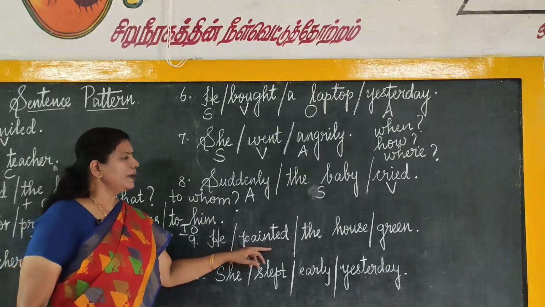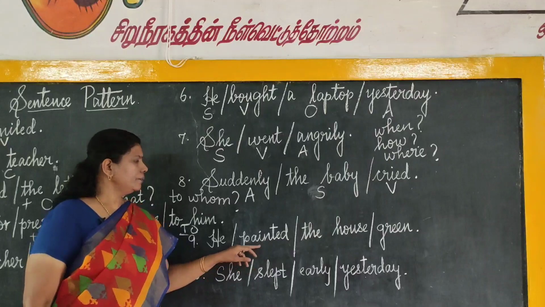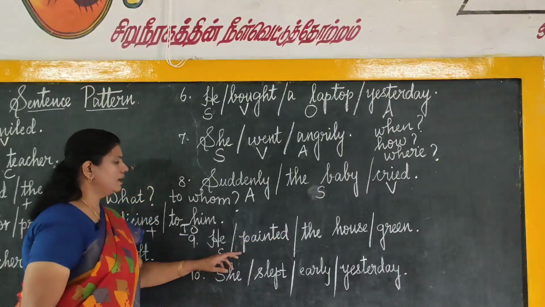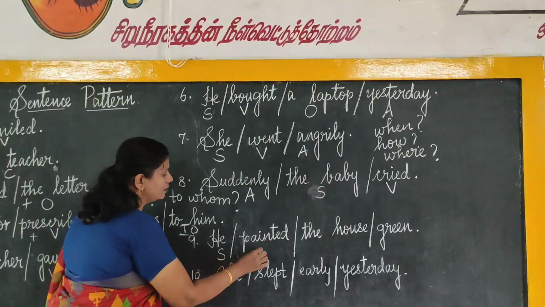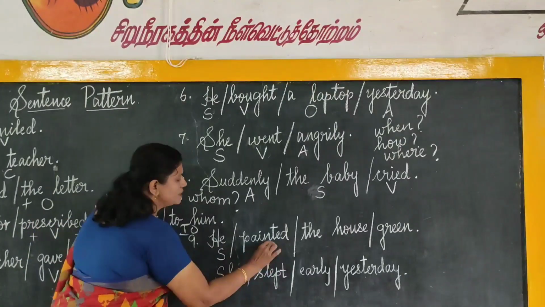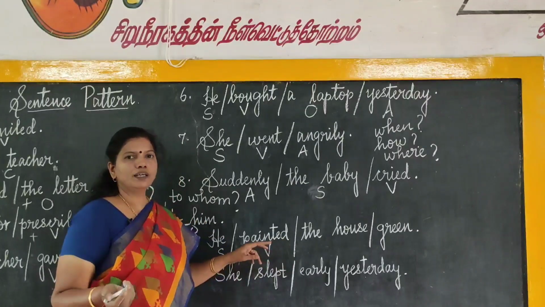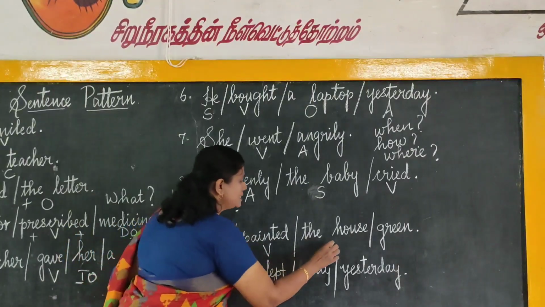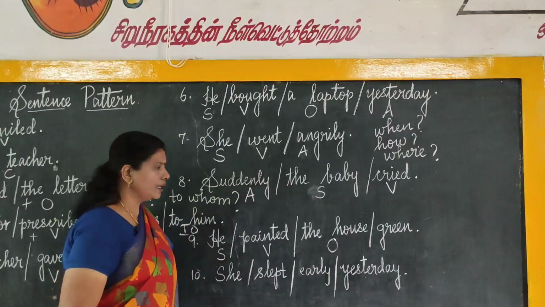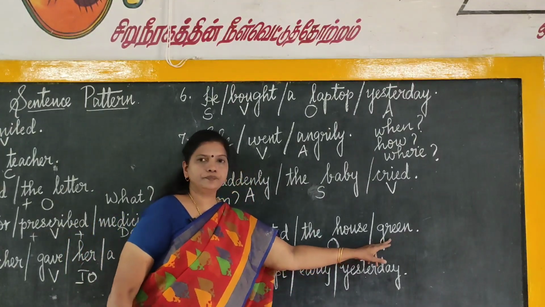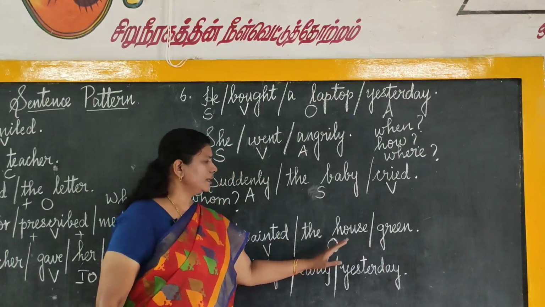Ninth one, he painted the house green. So he is the subject here. The action done by him is painted. So this is the verb here. What did he paint? The house. So this is the object. Here green: he painted the house green.